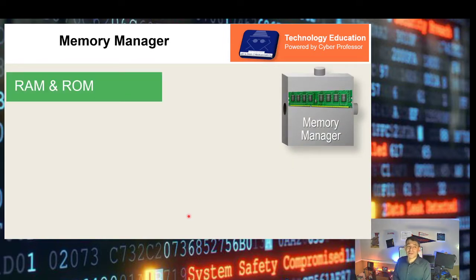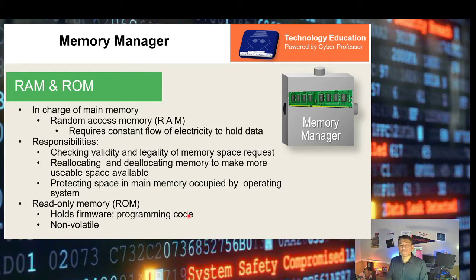The memory manager comes next, and now we need to talk a little bit about RAM and ROM. We are going to expand more on RAM and ROM once we get into the chapters of our course that are dedicated to the memory manager. But for now, you need to know that the memory manager is responsible for main memory, the random access memory, the 8, 12, 16 gigabytes of memory that you may see on your computer when you are checking how much memory you have on a computer that you are using or planning to purchase.